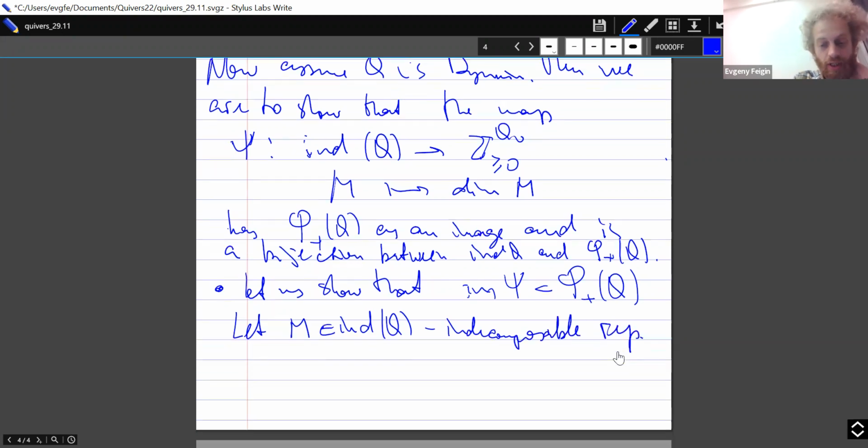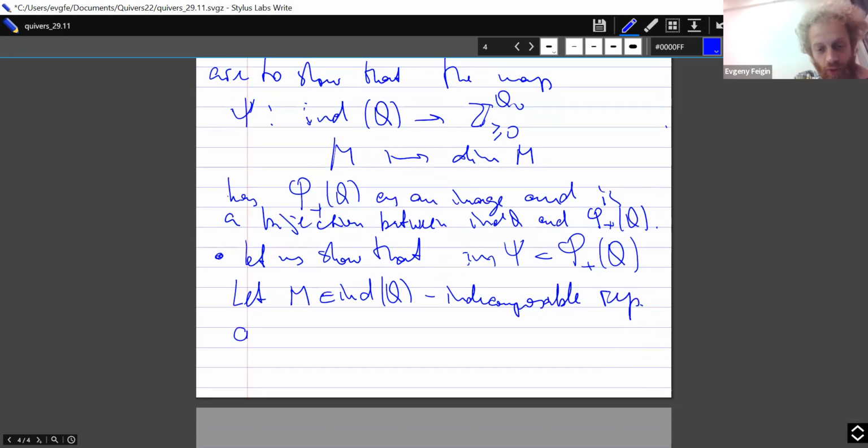We need to show that q of the dimension of M is 1. Can we say q of M? We can say q of the dimension. Do you remember how to express q of the dimension of M in terms of M itself?